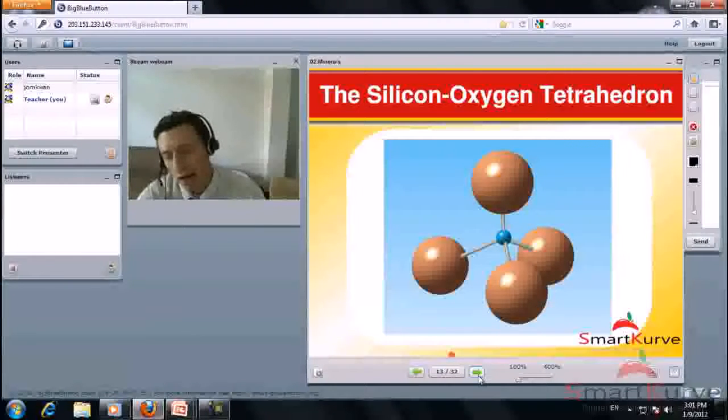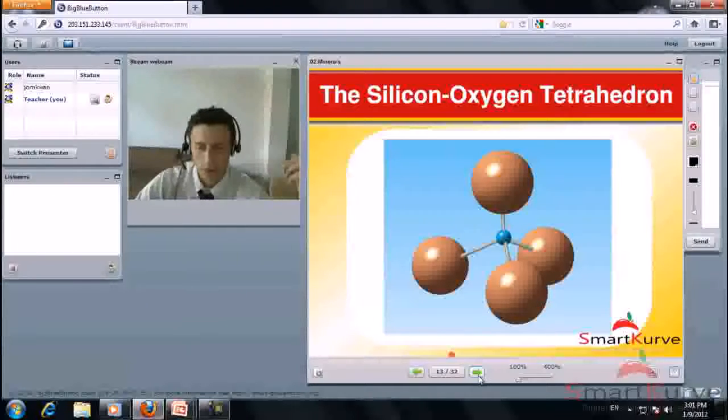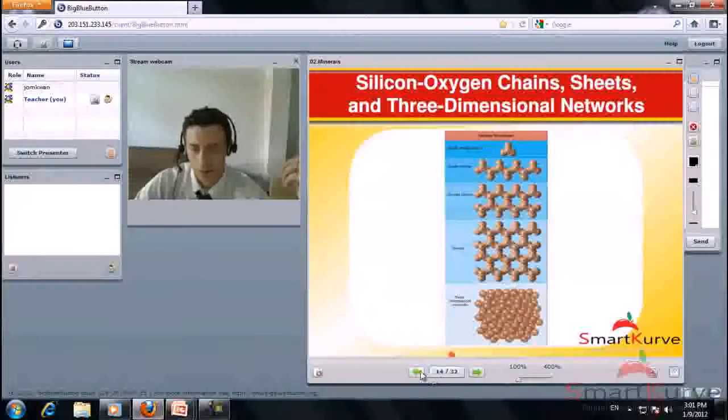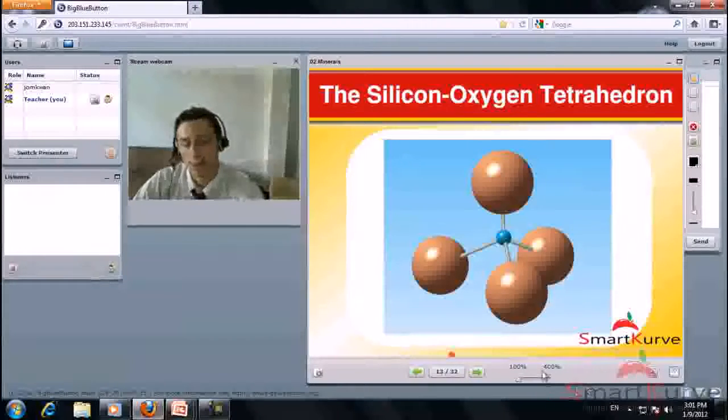We see that little blue circle in the center is the oxygen, and the 4 large brown atoms surrounding that oxygen are the silicon. Boom. Silicon-oxygen tetrahedron.